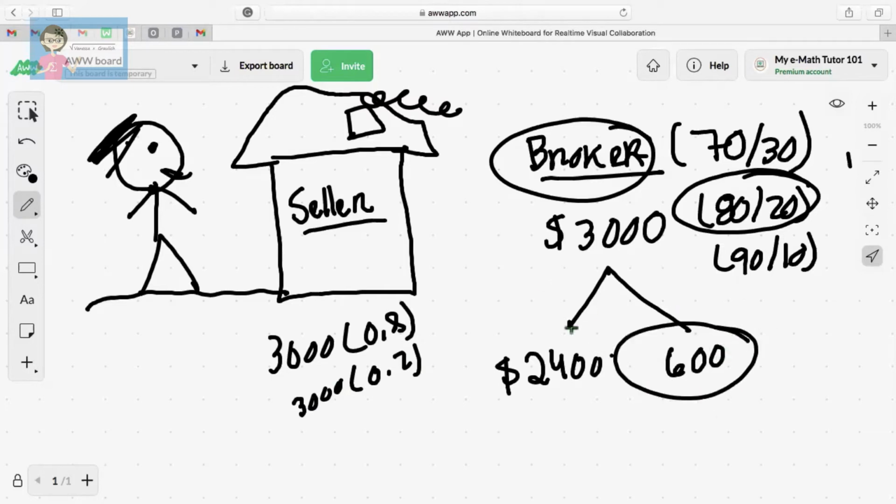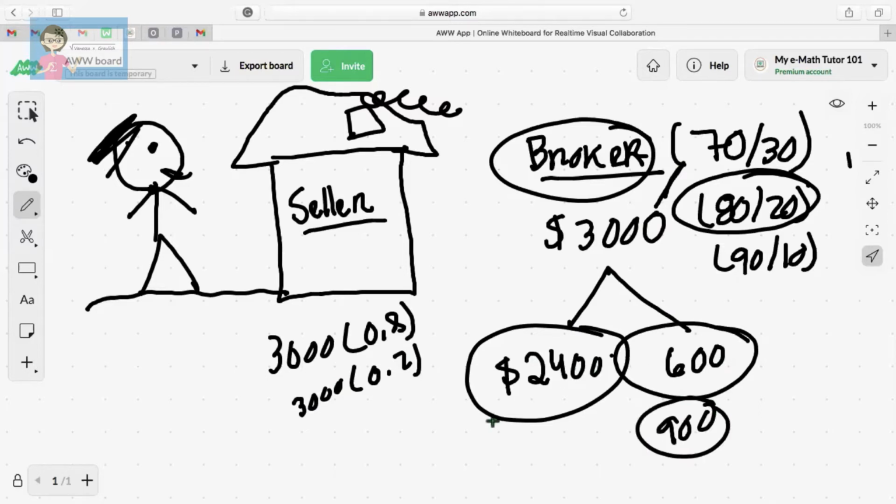So you go home with $2,400 if that's your split. Now, if it's a 70-30, then the broker is going to take $900 and you're going to take 7 times 3, $2,100.